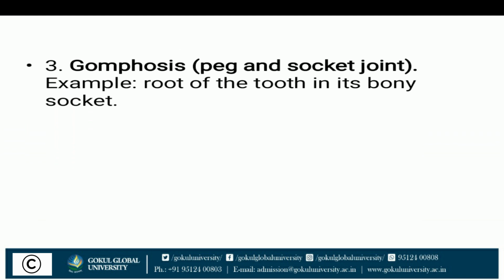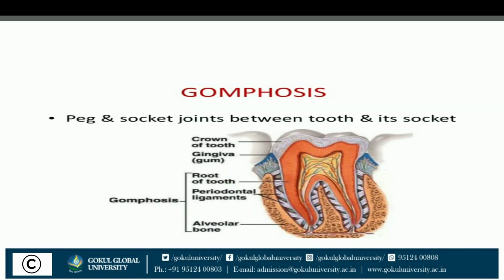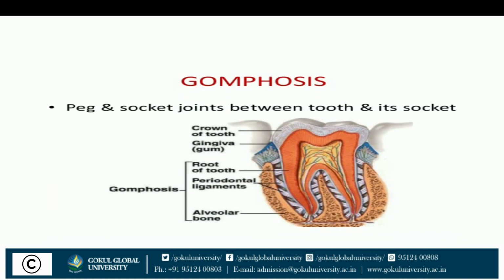Example, root of tooth in its bony socket. Okay, you can see in this diagram peg and socket joint between tooth and its socket, crown of tooth, gum, gingiva, root of tooth, periodontal ligament, alveolar bone.